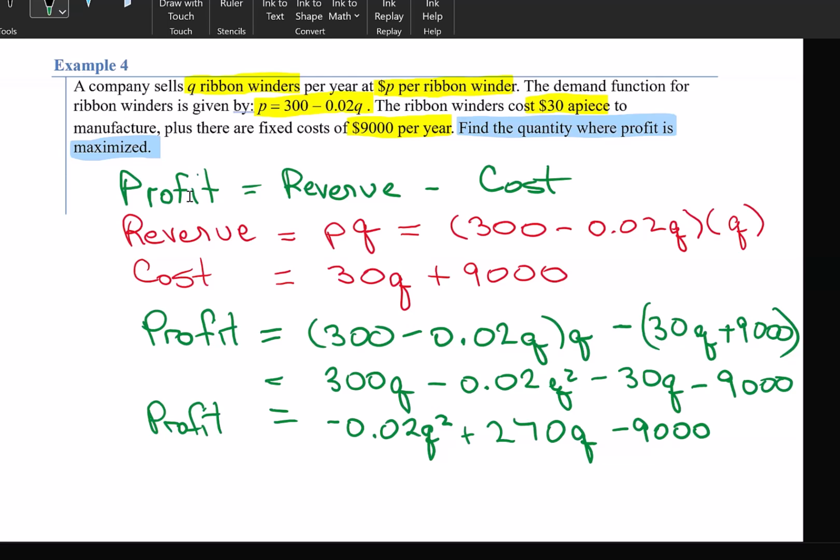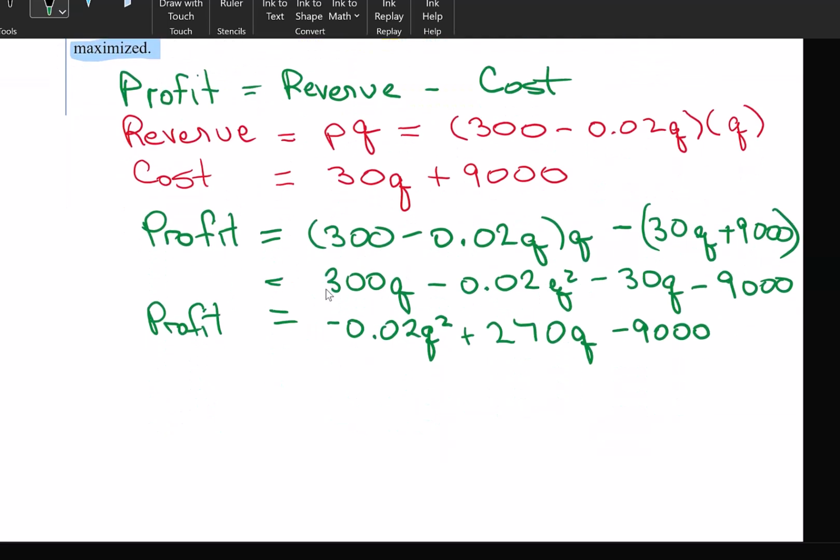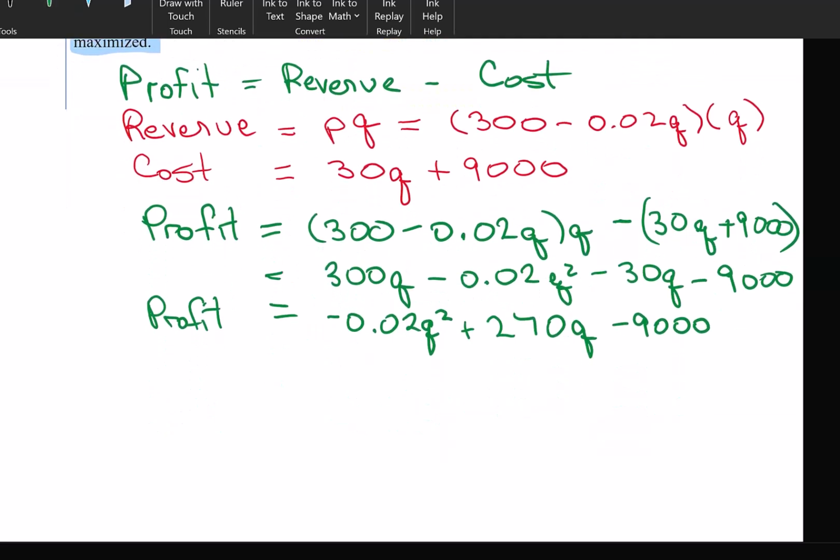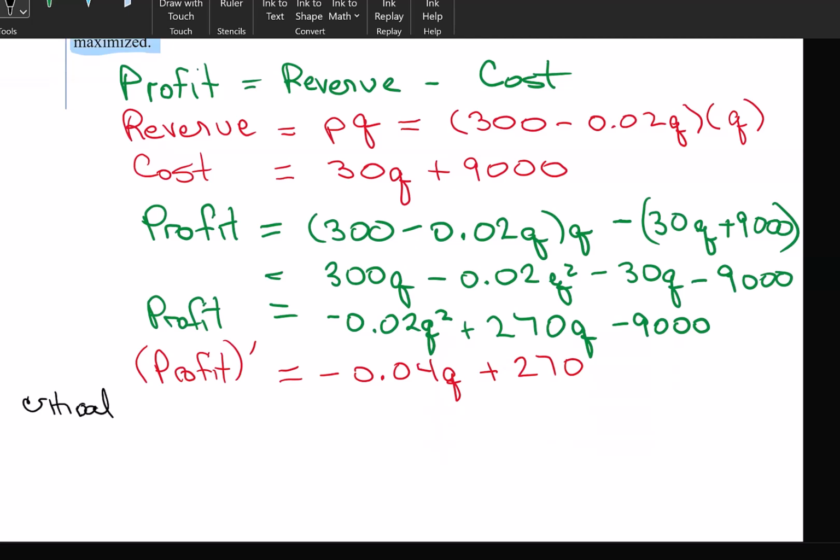I want to find where profit is maximized. That means I have to take the derivative. So I have profit prime is equal to negative 0.04Q plus 270, and minus 9,000 goes away because it's a constant. To find my critical point, I have to set profit prime equal to 0.